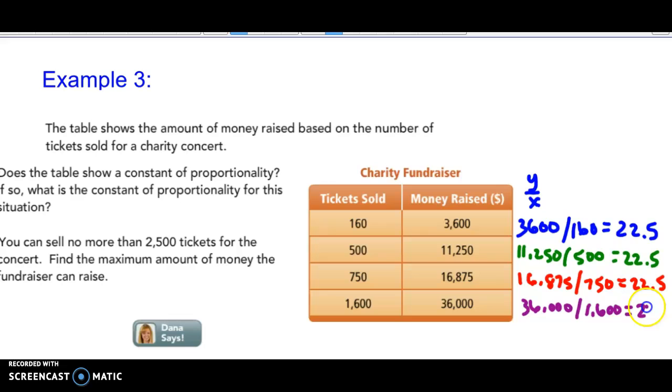And we again get a constant of proportionality of 22.5. So this is my constant of proportionality, and it's consistent throughout my table. So that is my y to x ratio, which means dollars per ticket sold.